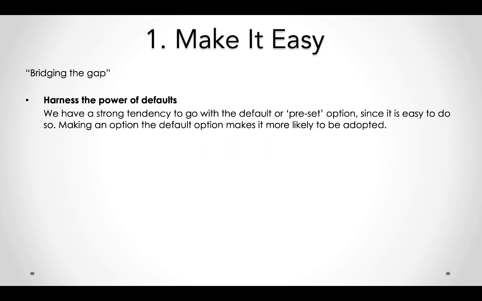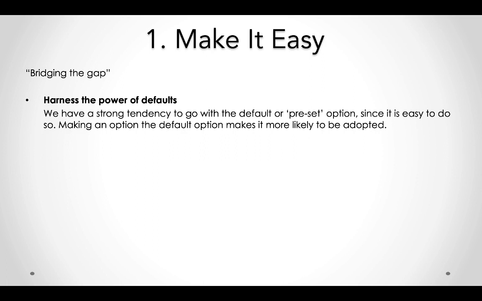It is the path of least resistance, the path where we use the least amount of mental energy. System one loves the default because there's nothing to think about. It can just go on and get it done.